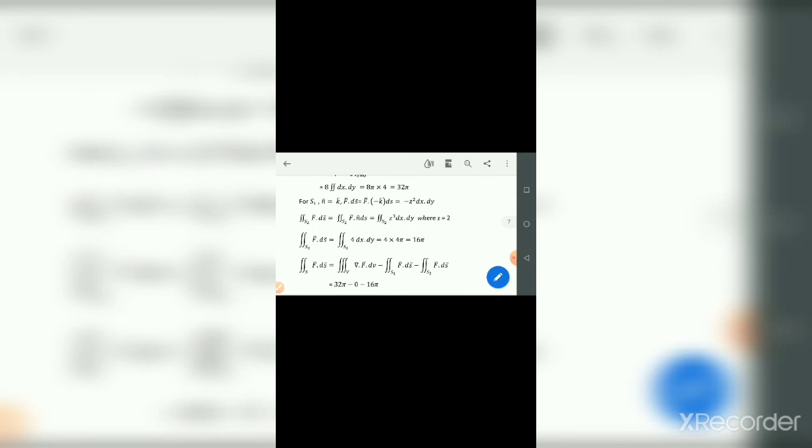That will be equal to minus z² dx dy, since the coefficient of k bar is z². For S2, F bar dot ds bar is equal to the double integration over S2 of F bar dot n cap ds, which is the integral over S2 of z² dx dy where z is equal to 2.